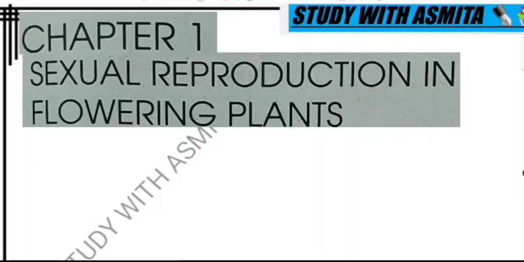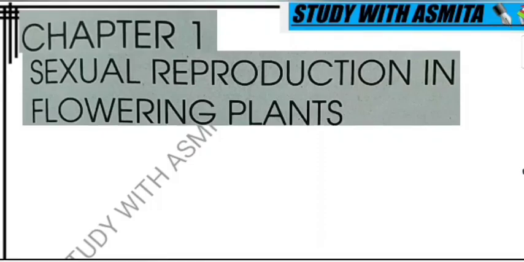Today we are going to start with chapter number 1 of class 12, that is sexual reproduction in flowering plants. So in our previous class we have already classified all the living organisms on the basis of their similarities and dissimilarities. One of the hierarchical classifications was kingdom.